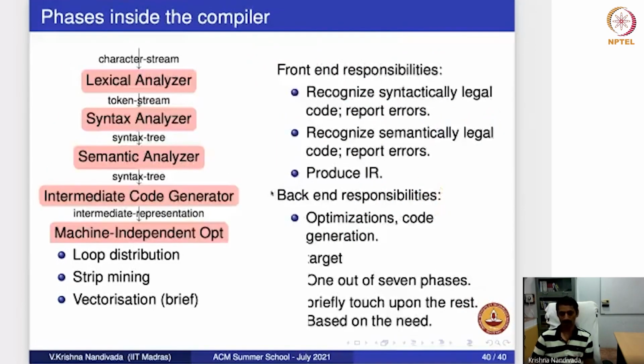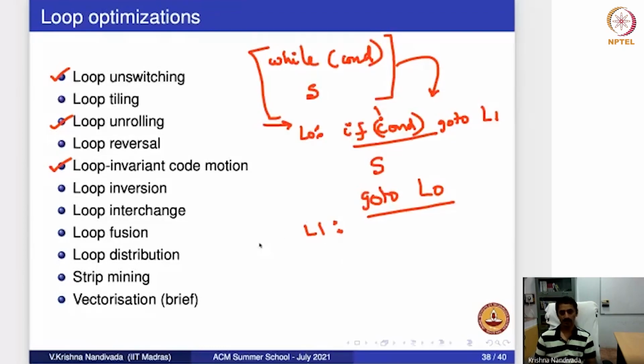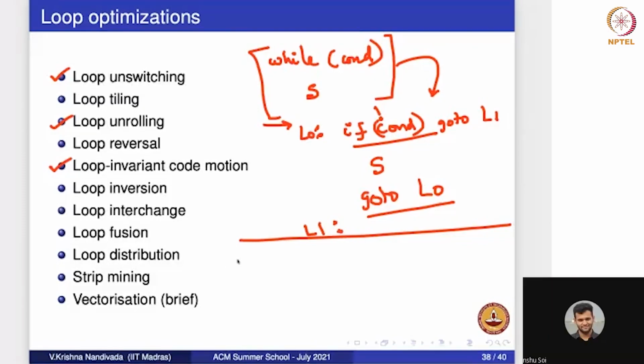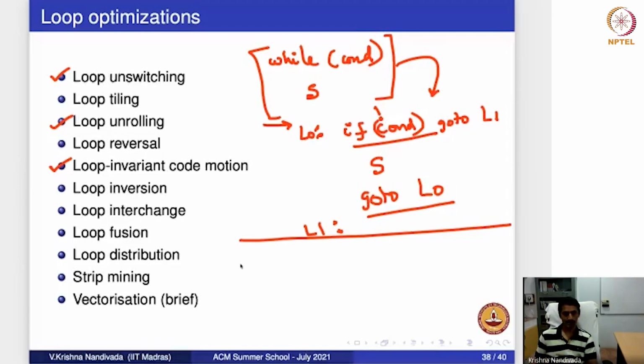Let me rewrite the code. I'll rewrite this while loop to a do while loop. What's the difference between a while loop and a do while loop? Do while is always executed at least once. So what I will do is the following.